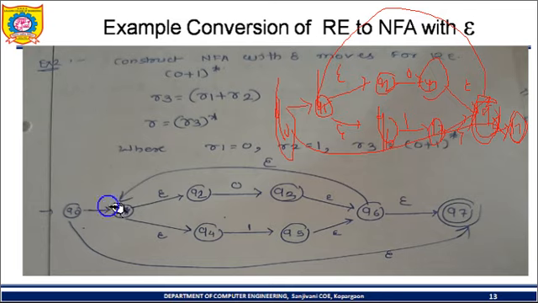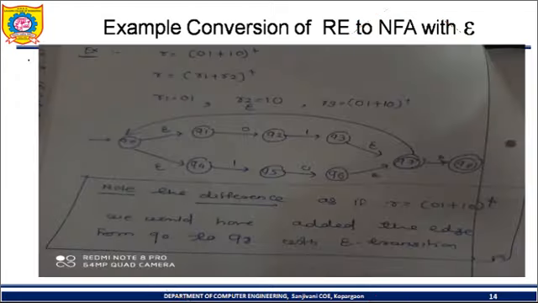This one is nothing but Q0, Q1, after accepting epsilon it will be in Q2, 0, Q3, and we are in Q6 state. In the same way for the one part we are in Q6 state, and we have to take its Kleene closure. That's why I have repeated this part, and from Q0 to Q7 there is a path. So this is another example of how to convert a regular expression into NFA with epsilon.